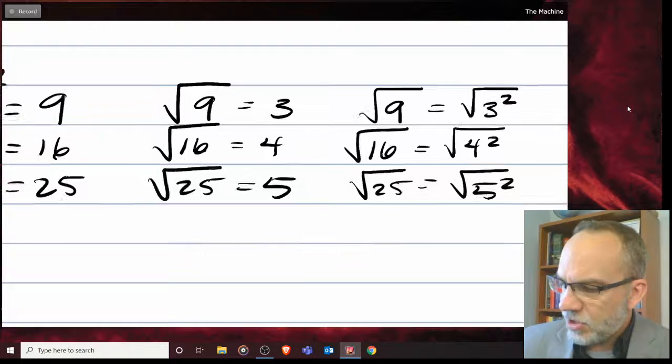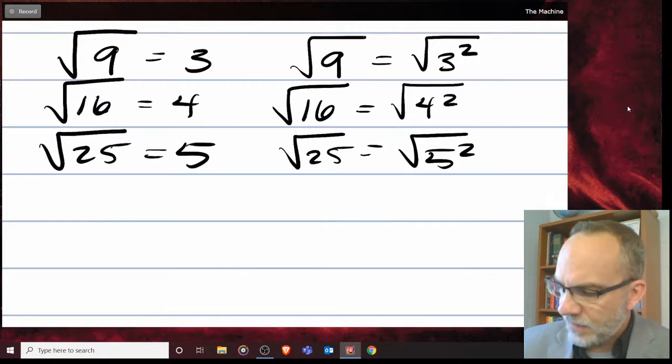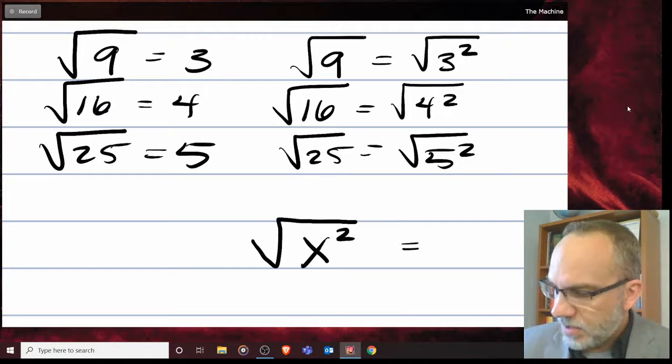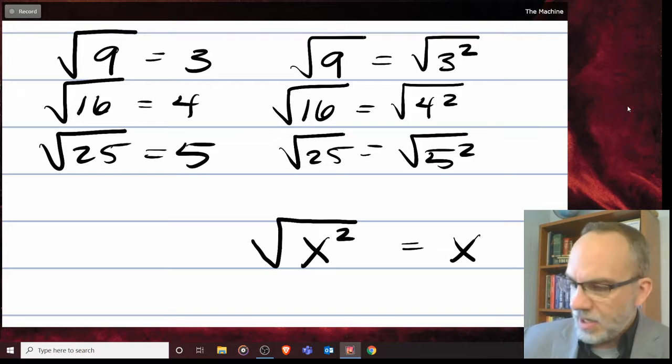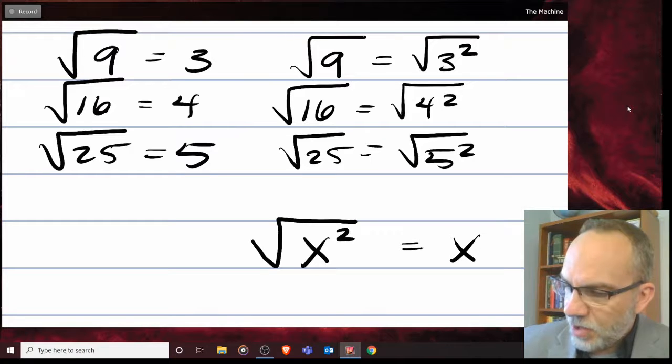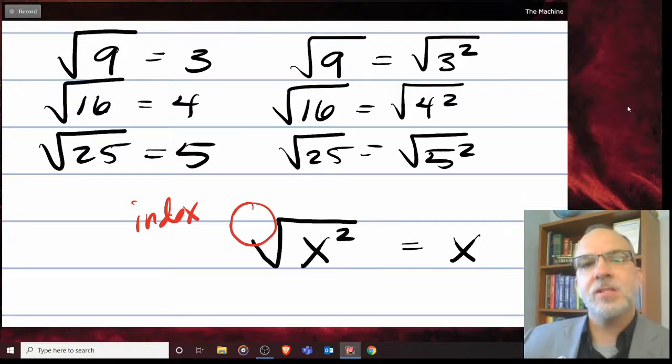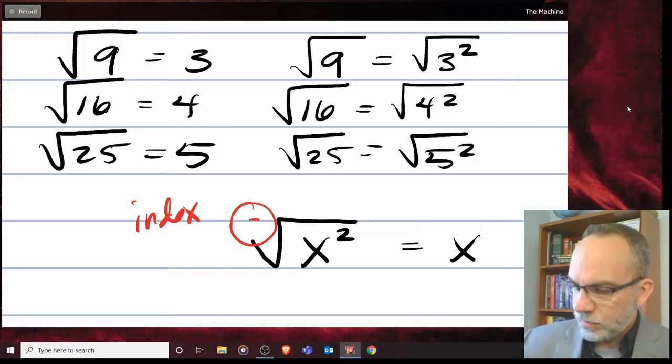And so we have this general principle that says if I have the square root of x, just some number, squared, it's equal just to x. Because there's something that goes right here in a radical. That would be the index. And when it's not written, the index is 2.